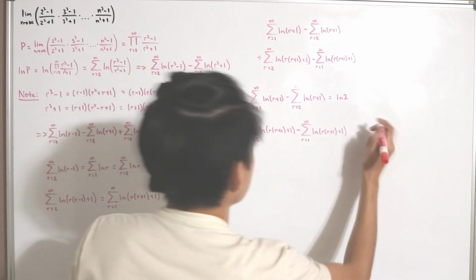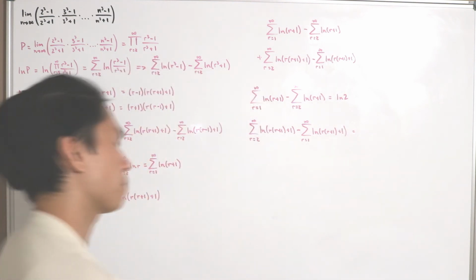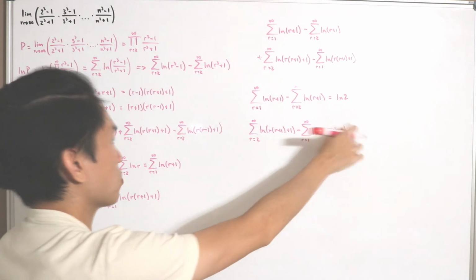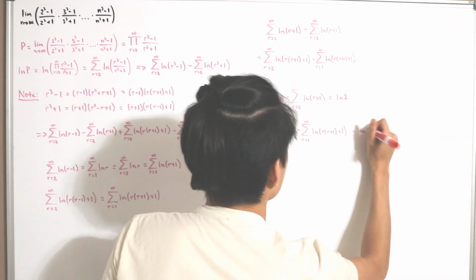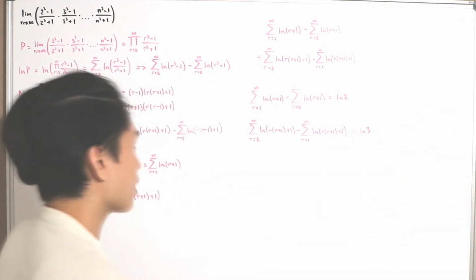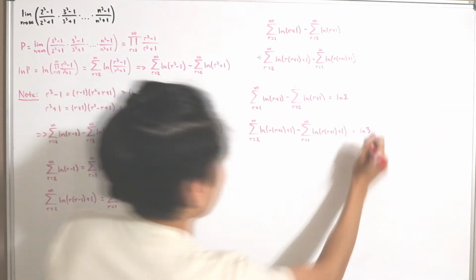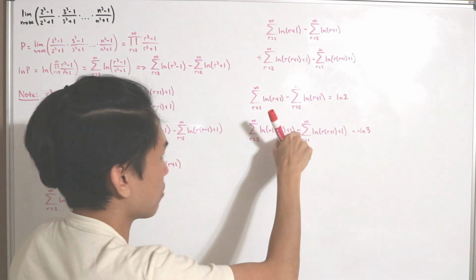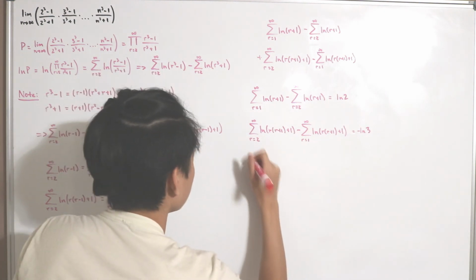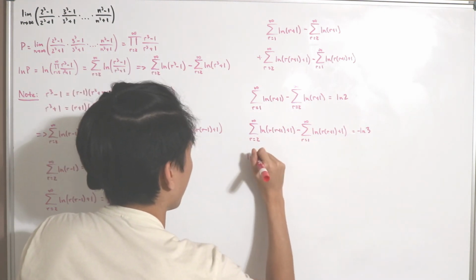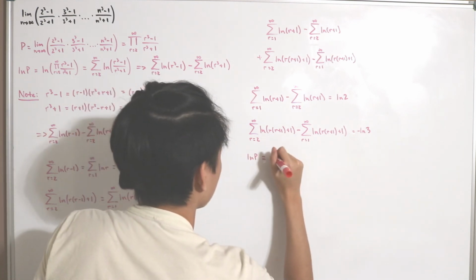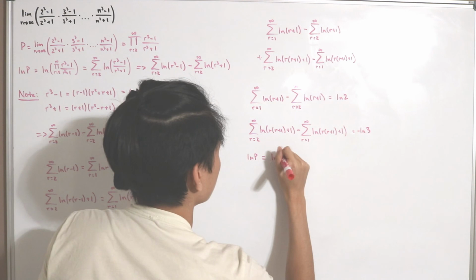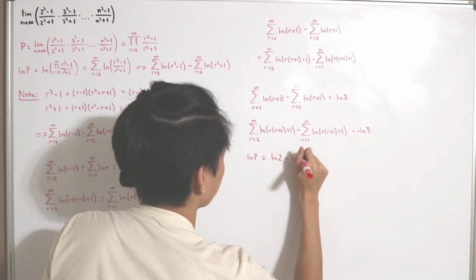So what we really need to evaluate is ln of r times r plus 1 as r is equal to 1. When you evaluate that, you're going to get ln of 3. Now, this is a minus specifically because there's a negative right here. So now we have ln of p is equal to ln of 2 minus ln of 3.